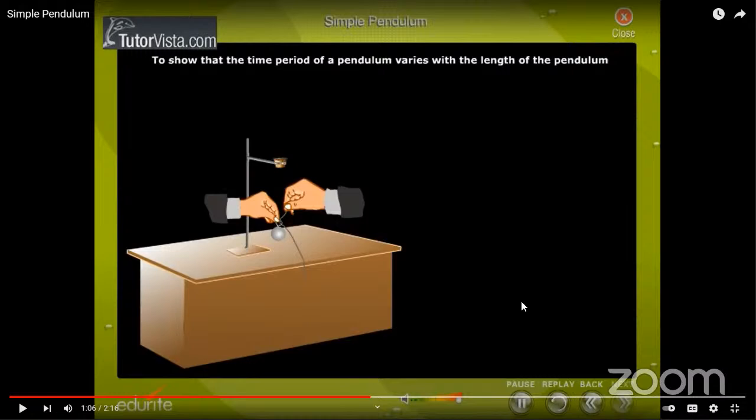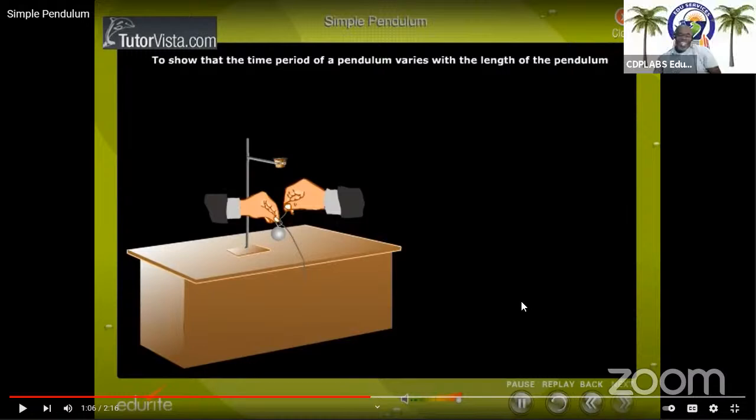So if the length of the pendulum is such and such, then the time period is such and such. So what could the such and such be?